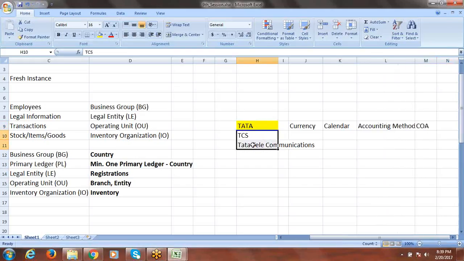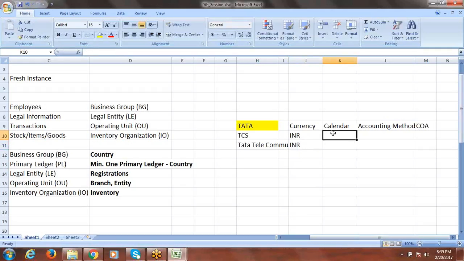They have two different businesses, TCS and Tata Telecommunications. They're operating the business in one country. In this case, since they're operating the two businesses in India, definitely they have to take their primary functional currency as INR. Here TCS we need INR. For Tata Telecommunications we need INR.